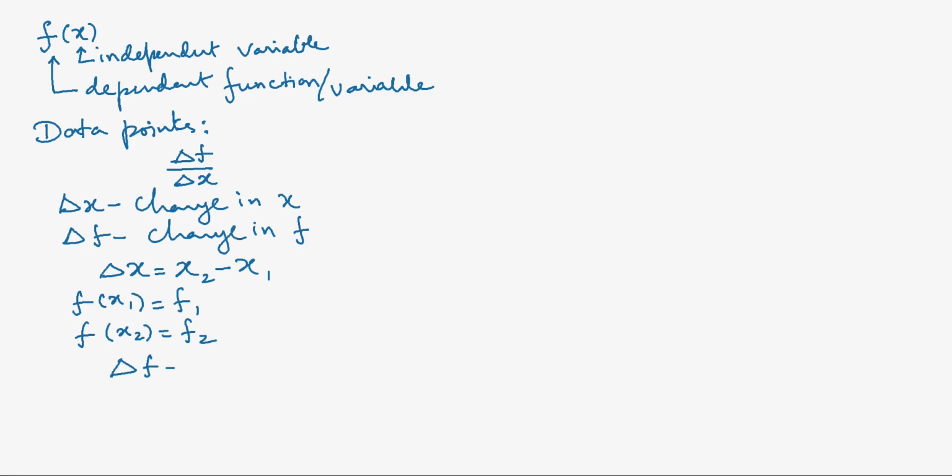So delta f is f2 minus f1, and delta f by delta x will look like f2 minus f1 divided by x2 minus x1. So these things are for data points.